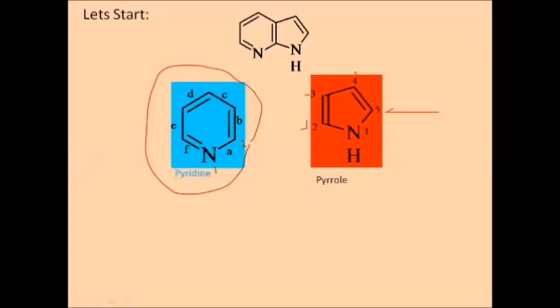So between 1 and 2 we have to write a, and between 2 and 3 we have to write b, and so on, c between 3 and 4, and d and e. So we have to write a, b, c, d in the basic ring, or we can say the major ring, and we have to write 1, 2, 3, 4, 5 in the substituent ring.